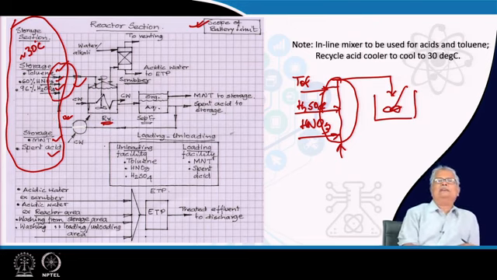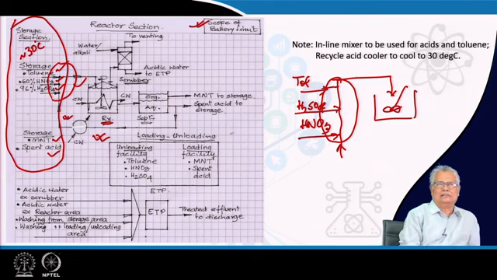Now, you have 96% sulfuric acid, 60% nitric acid, toluene, and the spent acid which also contains water. So, there is some dilution here as well, and there will be a heat of dilution which will be evolved in this case.